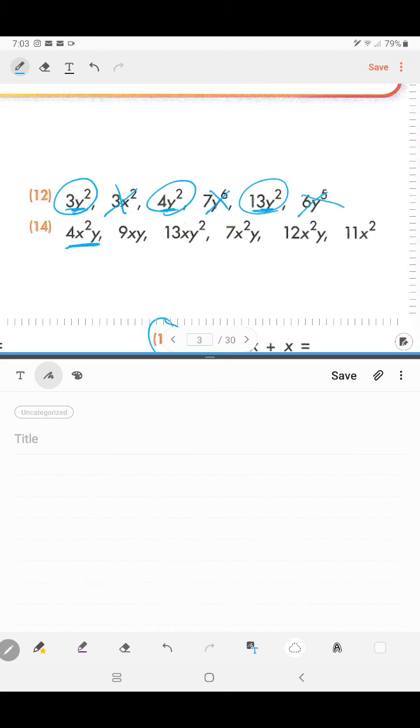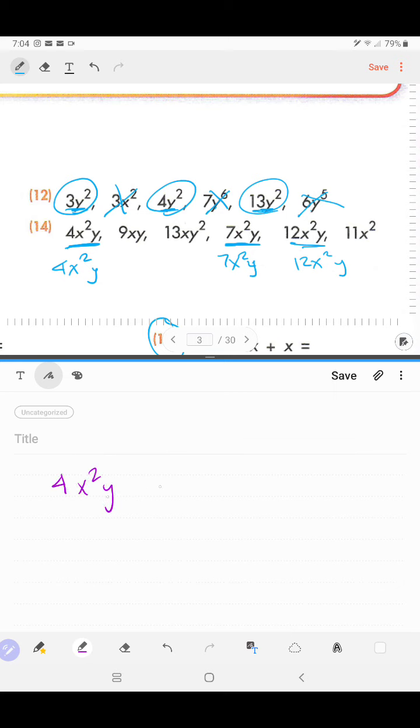And then for this one, we've got 4x squared y, 7x squared y, and 12x squared y. So those all are the same.